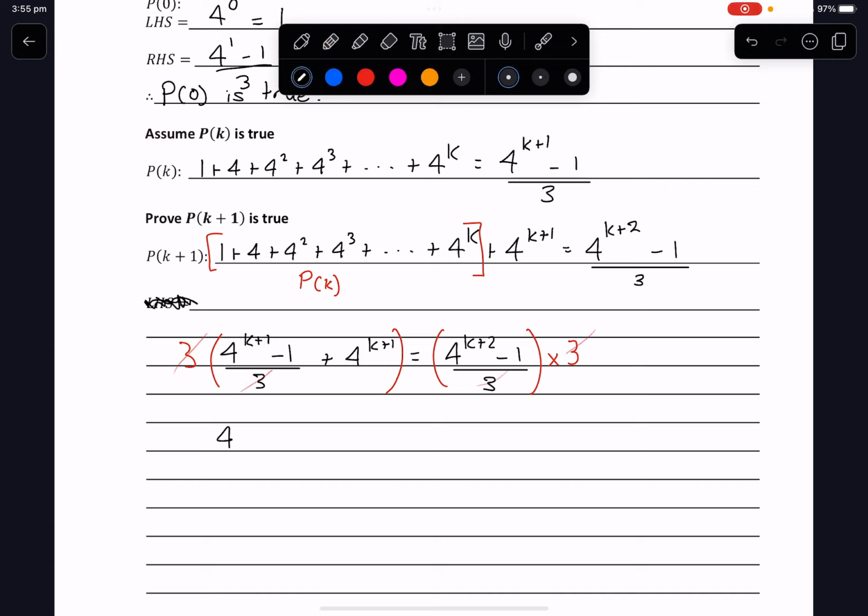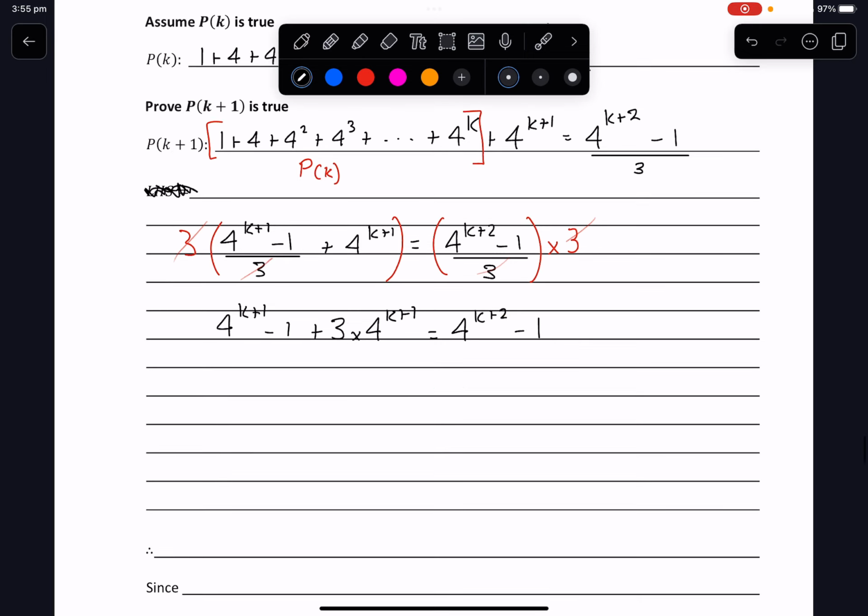So I'm left with 4 to the k plus 1 minus 1 plus 3 times 4 to the k plus 1 equals 4 to the k plus 2 take 1. Now what I want to do is start manipulating this so we can make it look similar. You'll notice I've got minus 1 on both sides, so they can also cancel out.